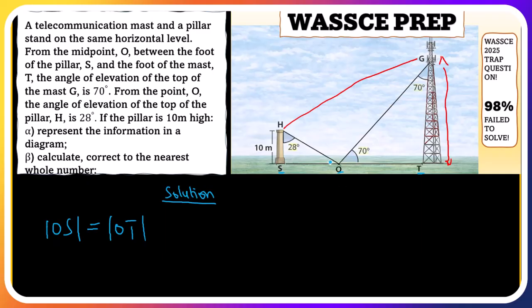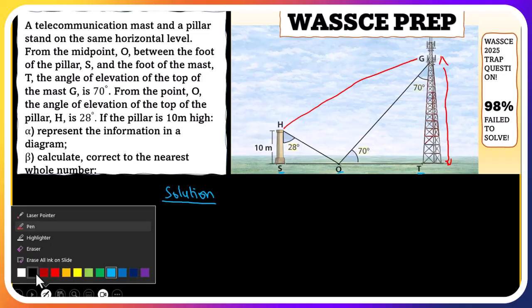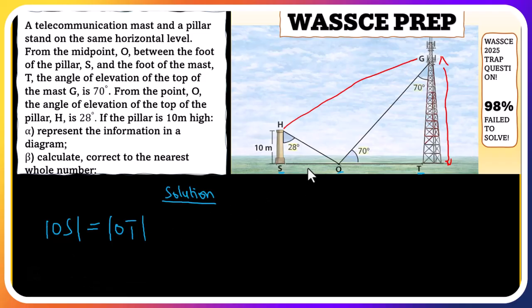Now the distance from O to S wasn't defined, so let's define that with a variable. We define it as X, and since they are the same, we do the same to the distance OT. Now OS equals OT equals X. From the height of the pillar and the angle of elevation, which is 28 degrees, we can calculate the distance of the line OS.